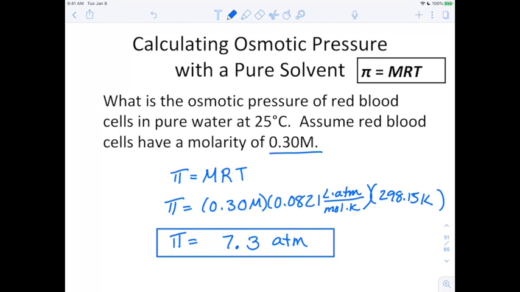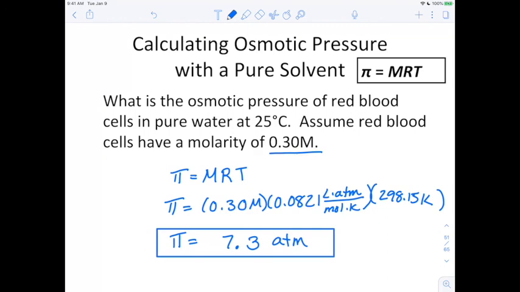All right, so if you had to guess, do you think a little red blood cell with that semi-permeable membrane could handle 7.3 ATMs of pressure inside? Remembering that we're at 1 ATM, right? So Andrew is saying no, and I agree.